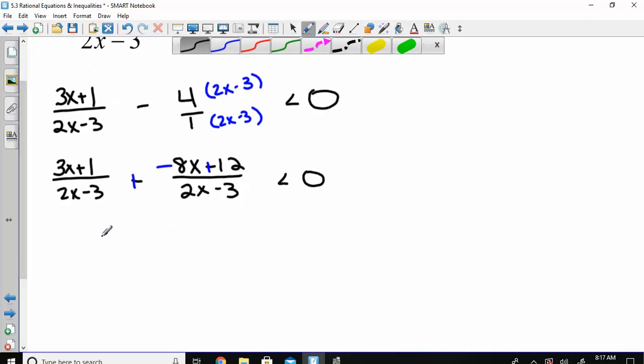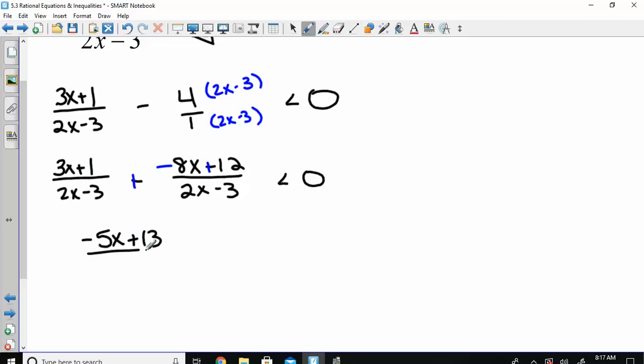So 3x and -8x give me a -5x. 1 and 12 is 13. Alright, what do we do from here? Set the numerator and denominator to 0.